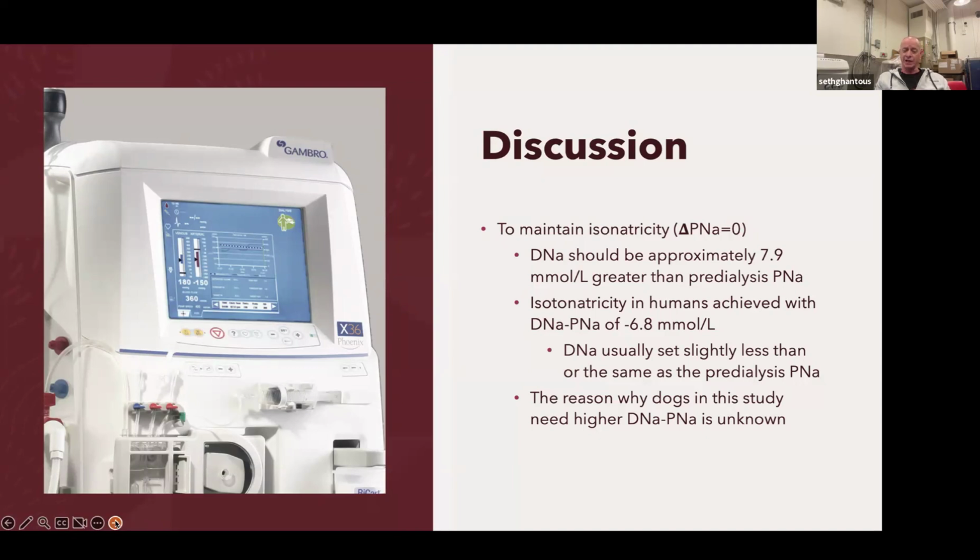In people, the dialysis sodium is usually set either slightly less or about the same as the pre-dialysis patient sodium. And the reason why dogs differ from humans is not completely known.